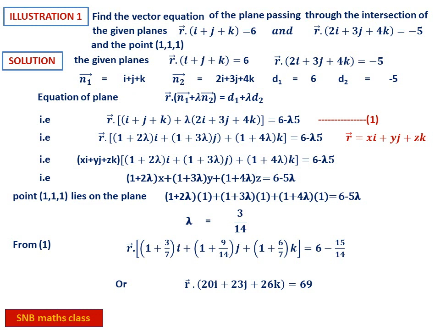Final answer will be r dot 20i plus 23j plus 26k equal to 69. So this is the equation of the plane. In the vector form, even you can write it in the Cartesian form also. That is, you can take r equal to xi plus yj plus zk, but the question asked is vector form, so I have kept it in the vector form.